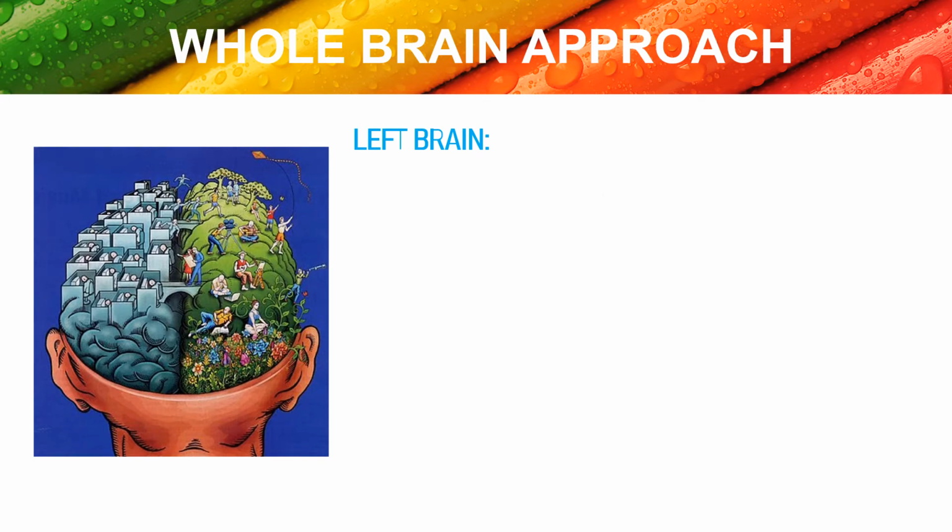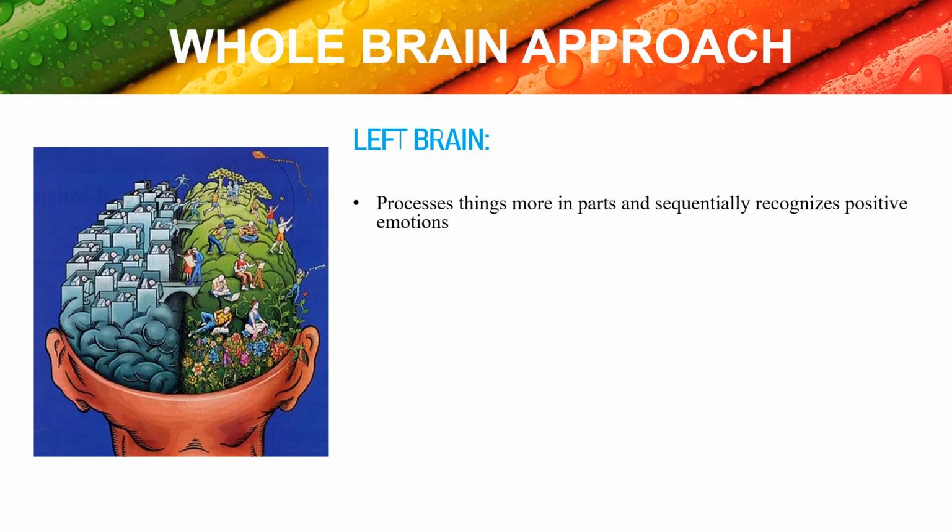Let's see how the left brain works. The left brain processes things in parts and in a sequential manner. So it breaks down the whole into parts and then recognizes or processes them. All the processes are done in a very systematic and sequential manner.